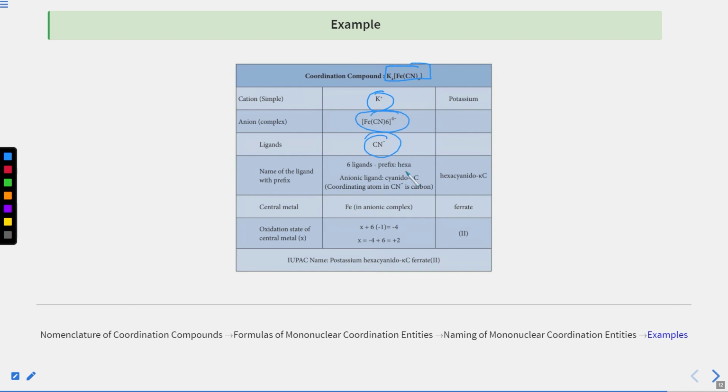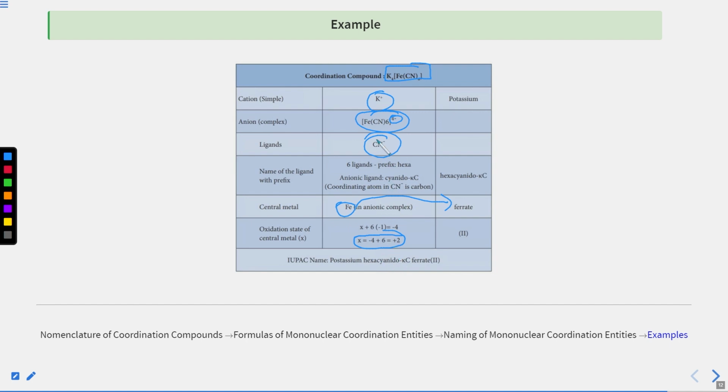And 6 cyanide are present, so hexacyanido, right? Then the central atom is Fe, but since it is negatively charged, we will not write it as iron, but we will write it as ferrate. If you try to calculate the oxidation number, overall it has a charge of 4 minus, so x plus 6 into -1, that would give us an oxidation state of +2.